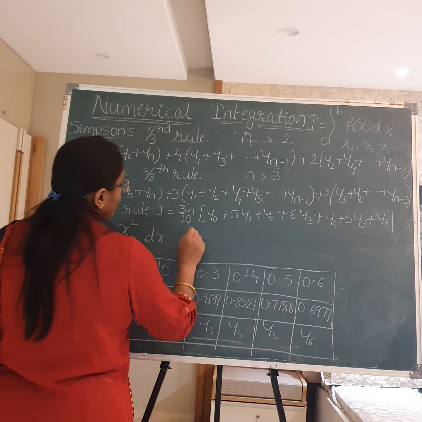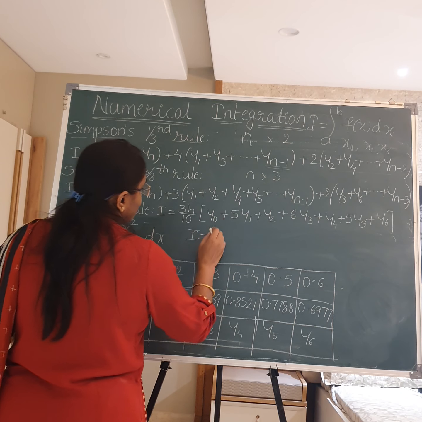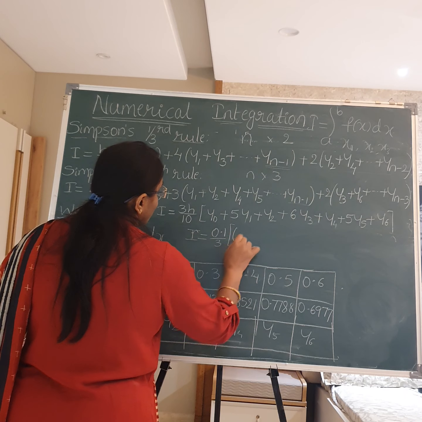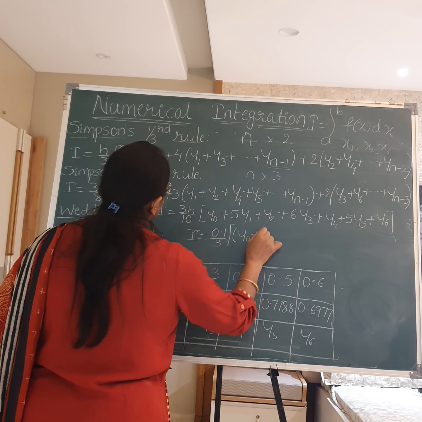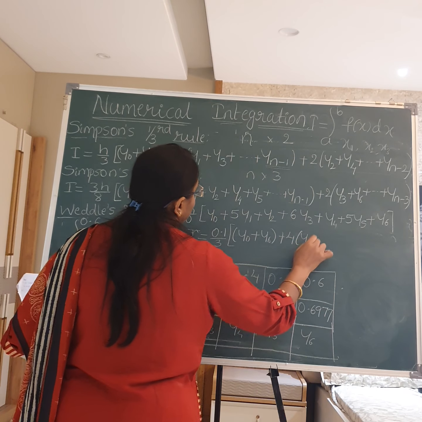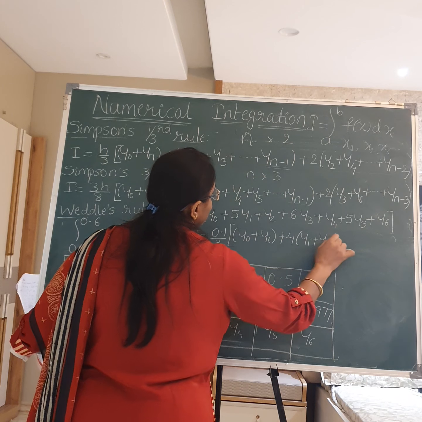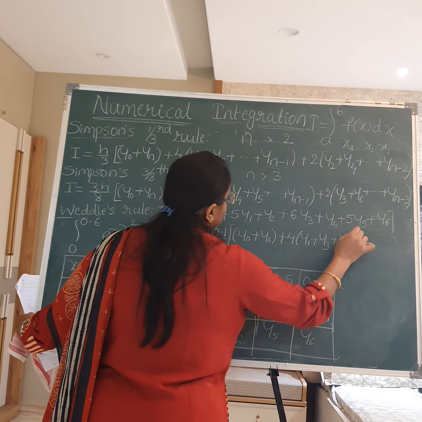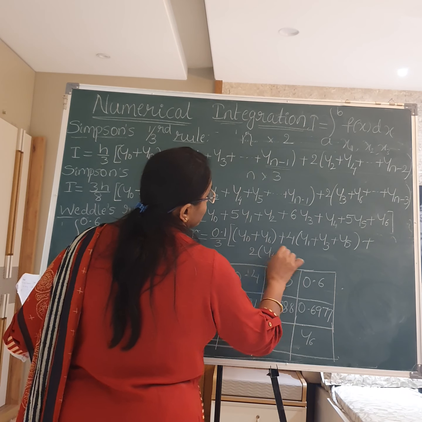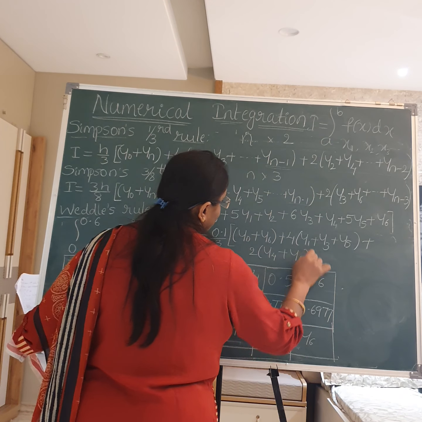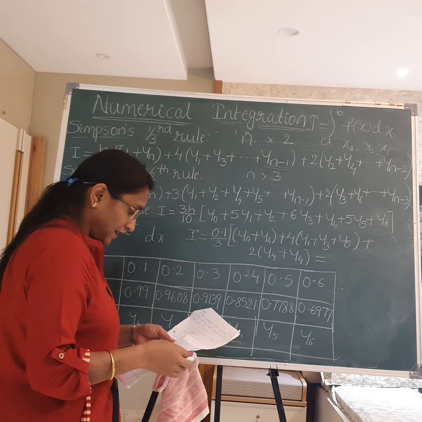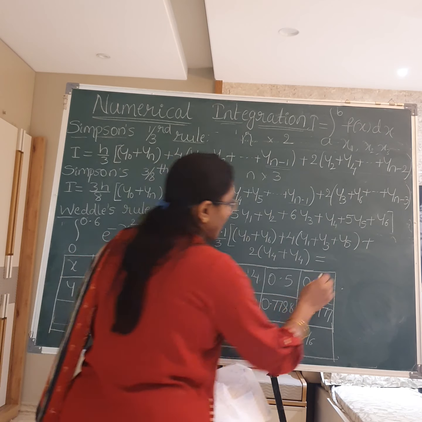Write down y is equal to h by 3, h is 0.1 by 3, y0 plus y6 plus 4 y1 plus y3 plus y5 plus 2 y2 plus y4. Substitute this and find the value. Its answer is 0.5351.